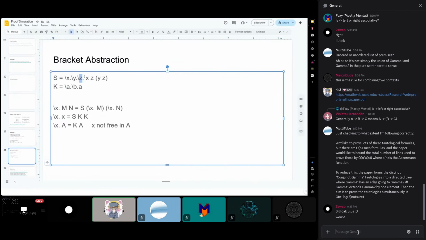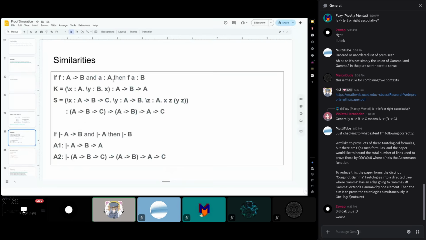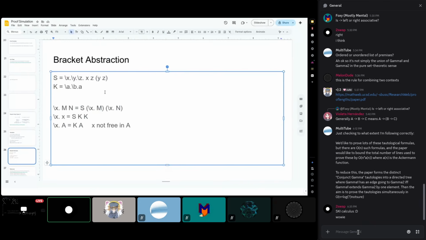So this is a list of bound variables, and you can think of this S combinator as just feeding your context through your combinators, if that made any sense. Okay, yeah. And then you compose them for a reason that I don't know. Yeah.